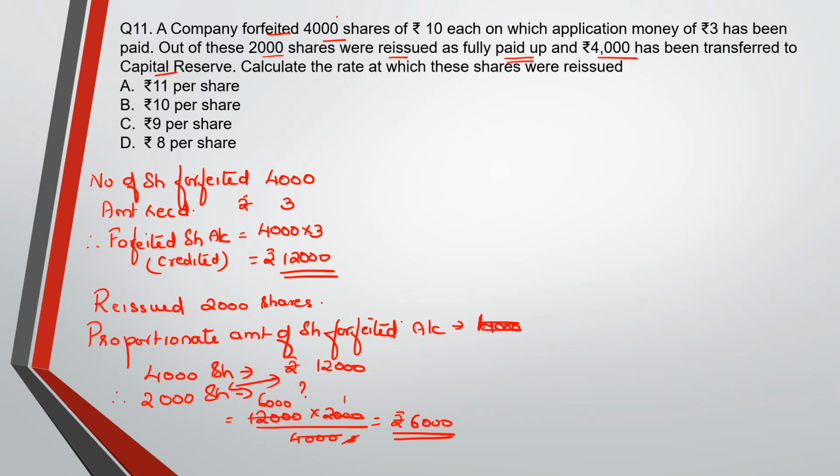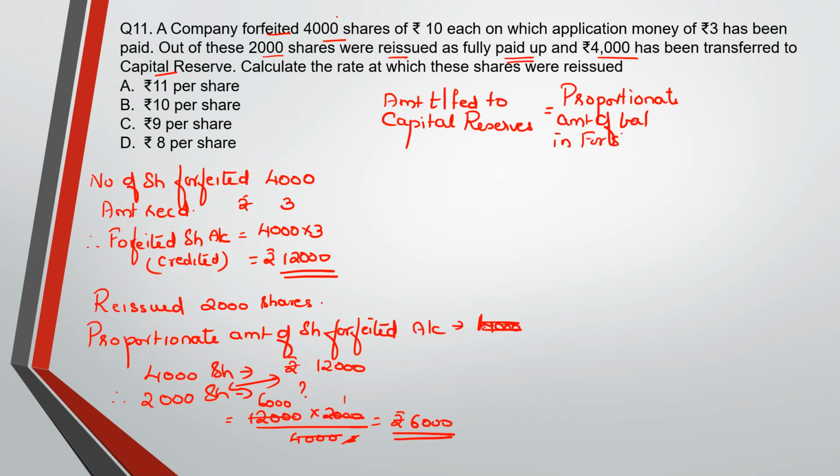share forfeited account. Now there's one more formula that you need to know, that is to find out the amount which would be transferred to capital reserve. After the shares have been reissued, we take the proportionate amount of balance in the forfeited share account in respect of the reissued shares, that is what we calculated here.